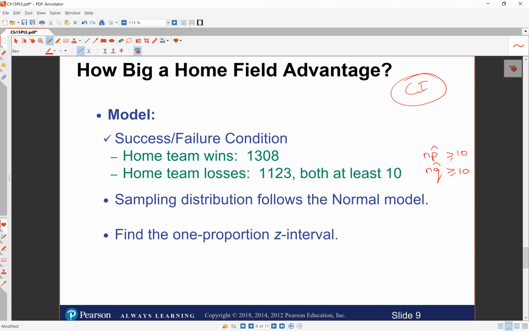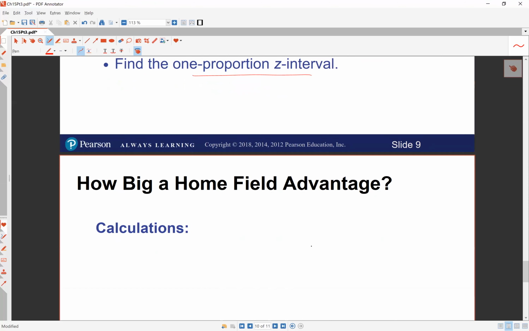If that holds, then the sampling distribution is reasonably assumed normal. We again have the assumption of independence, randomly selected values, a little bit non-ideal in this case, but because the success-failure condition is met, we can cautiously go and do a 1 proportion Z interval.